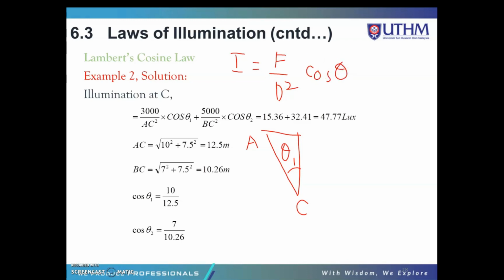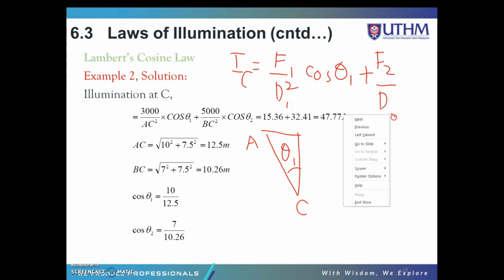Because we have two lamps, we calculate F1 over D1 squared cos theta 1 plus F2 over D2 squared cos theta 2.